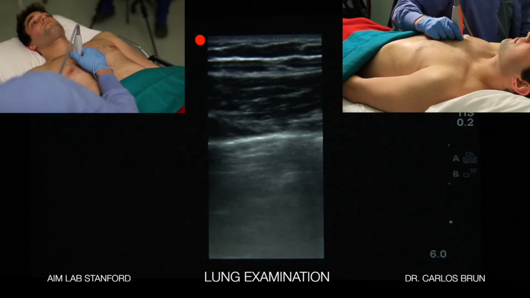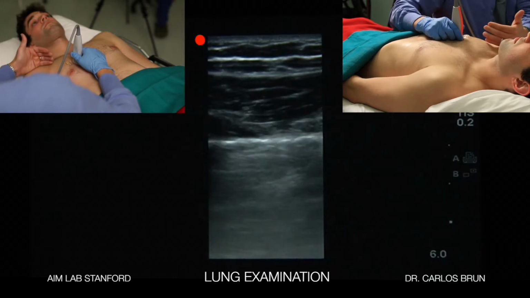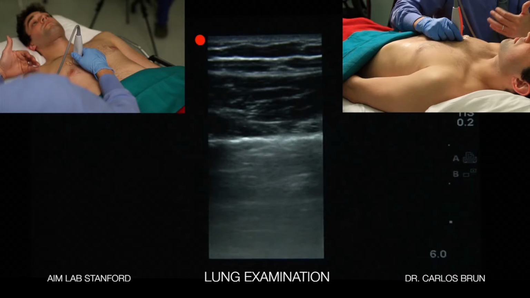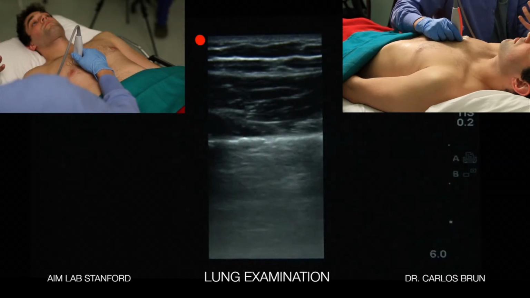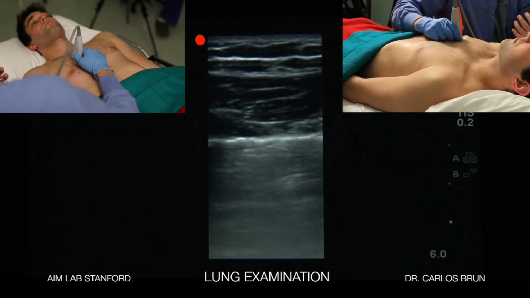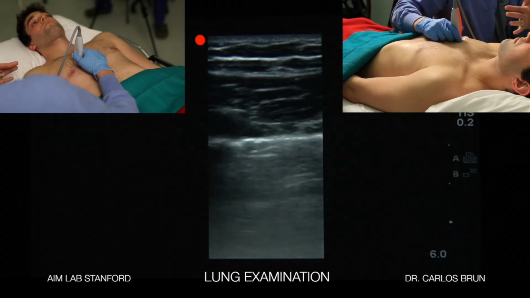Thank you. So things to think about would be, if right now we're on the right-hand side of the chest, you could have a right mainstem intubation, and that can cause normal lung sliding on the right and abnormal on the left, because this is a bilateral exam. You could have issues with inflammation not allowing you to see the lung moving.